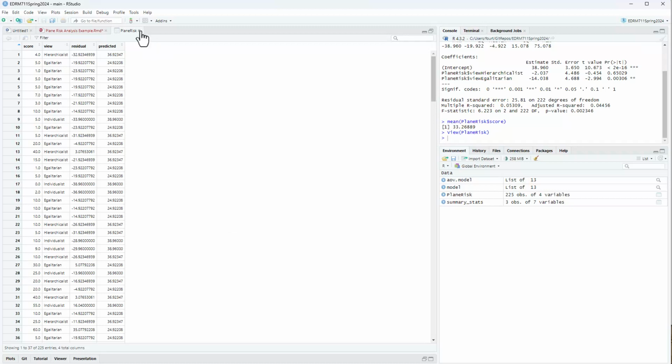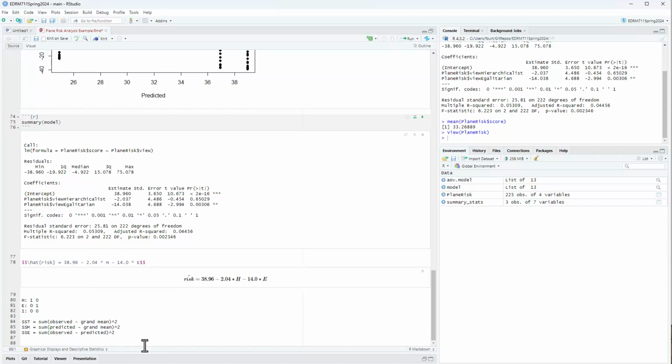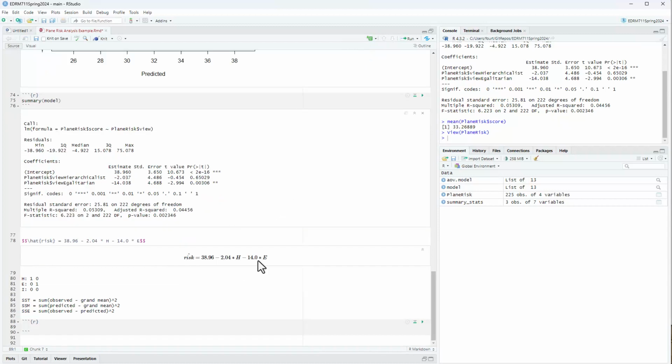Coming back to my notebook, I need a code chunk in here, so let me create that. Let's call these just deviations. We won't square them right now, we'll just create the deviations.